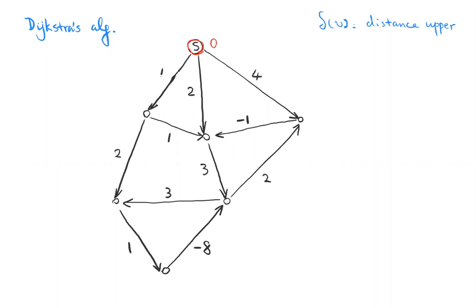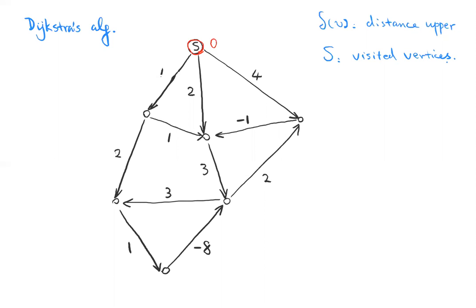Now, once we add this vertex to our set, in the process we maintain a set S of visited vertices. So now S is the only vertex inside this big S. So once we visit vertex S, the distance upper bound of some vertices will be updated, namely those that can be reached from S directly.